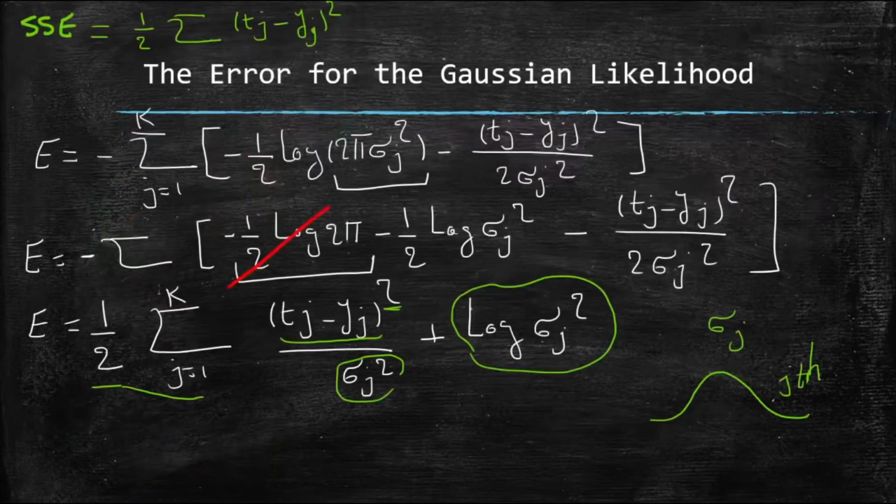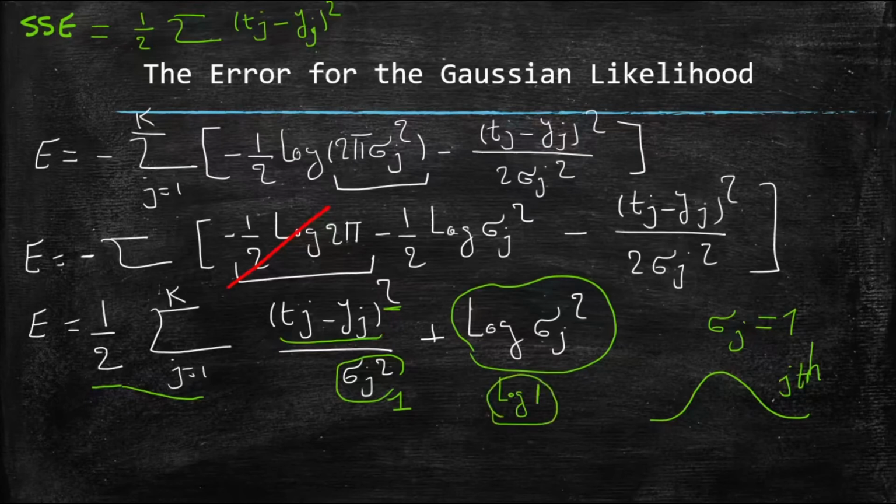So if I consider a standard deviation of 1 for each one of these Gaussians, what I'm going to end up with is that this denominator would be 1 squared, or 1, and this right here would be the log of 1 squared, which is the log of 1. The log of 1 is always 0, and the denominator of 1, well, we can just ignore that, because anything divided by 1 is itself.